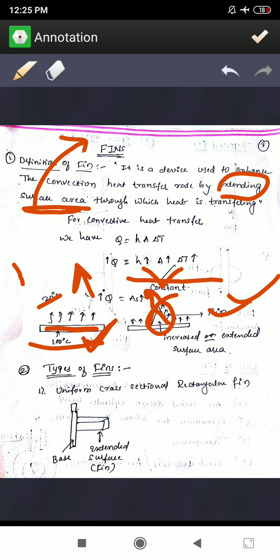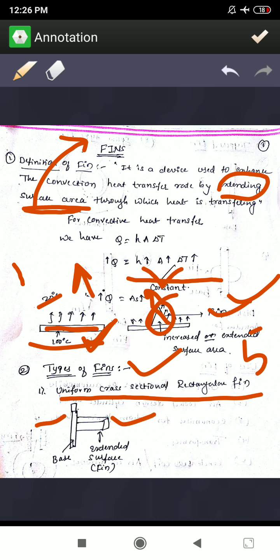Now let's move on to the types of fins. There are mainly 5 types of fins. The first one is the uniform cross-sectional rectangular fin. This is the base plate, and here it is the extending surface or fin.